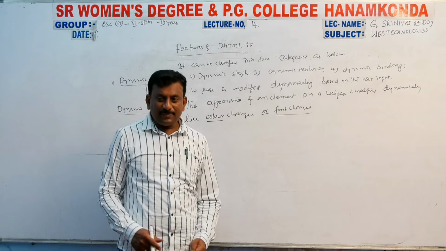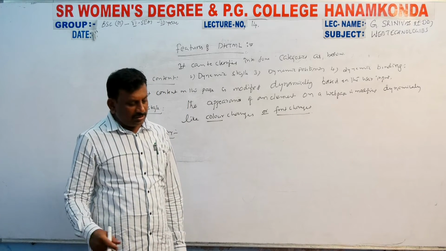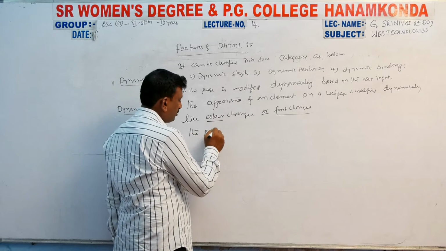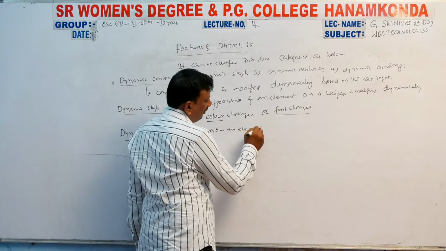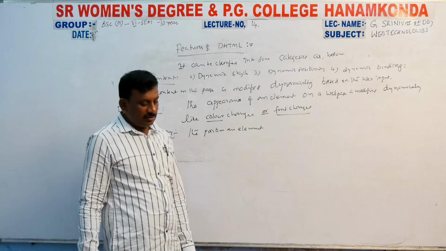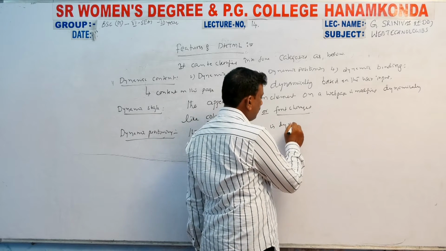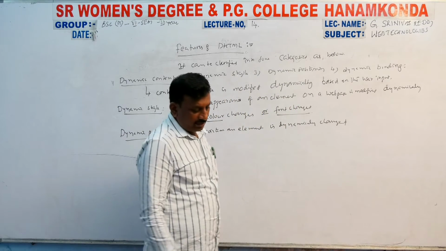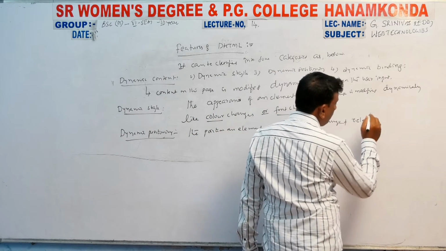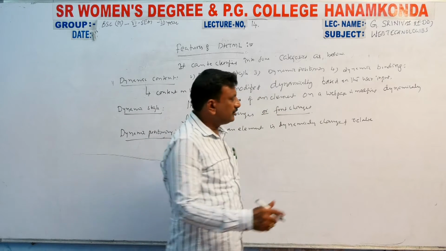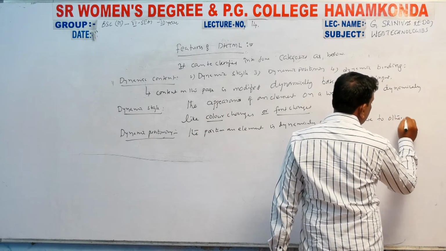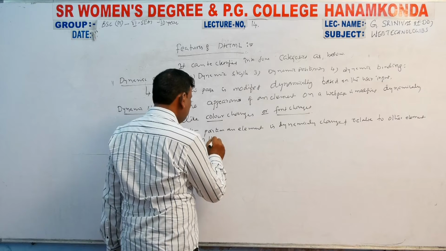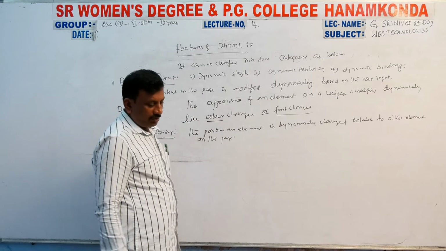Positioning means the position of an element or content is dynamically changed relative to other elements on the page. Next, dynamic binding.